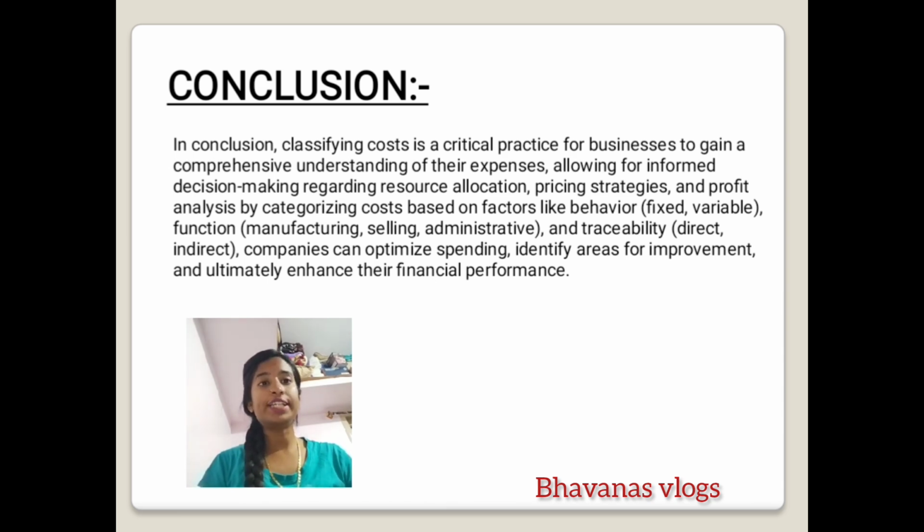It is very critical for any business to understand the expenses, how the expenses will occur in the business, to make decisions on where to use our resources, what pricing strategy they should keep, and to analyze the profit by categorizing the cost based on factors like fixed cost, manufacturing, selling, administrative. All these types of classifications will be used while distributing the cost to the departments.